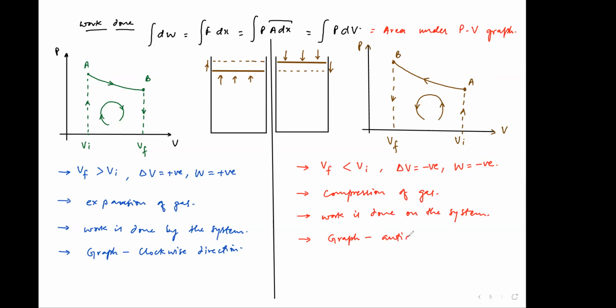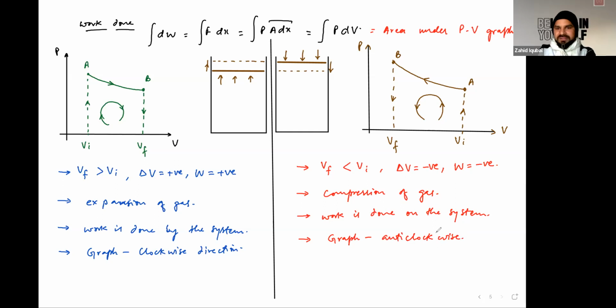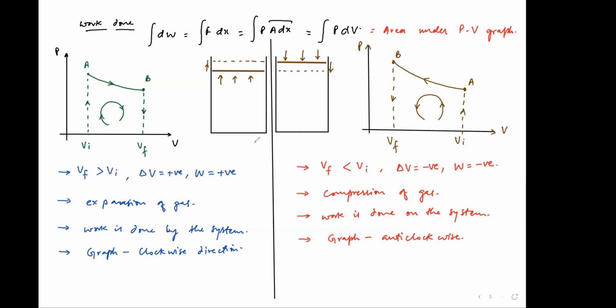Anti-clockwise. Good. So we mainly have 5 different information related to this entire process for expansion part as well as for compression part individually. Okay, any doubt? No, sir. Okay, just write it down.